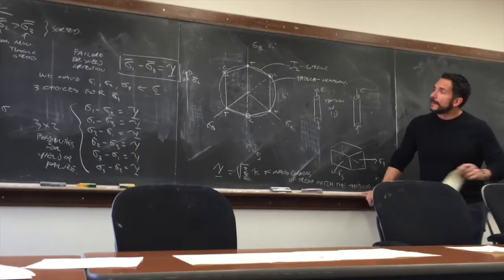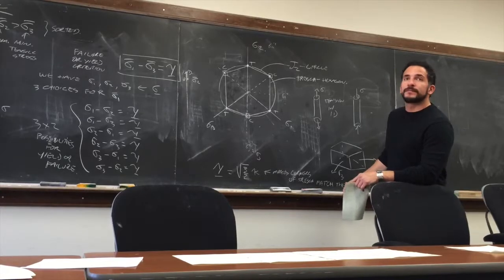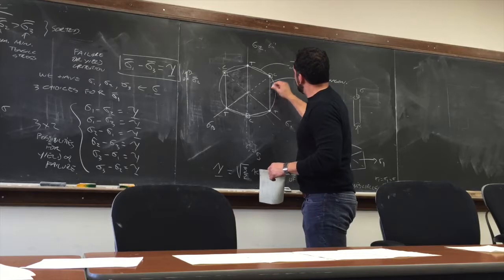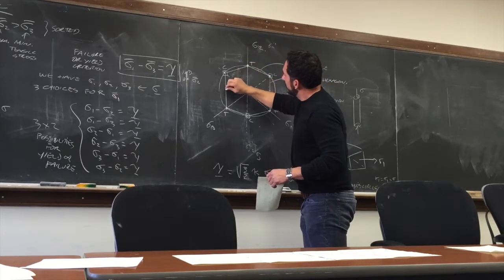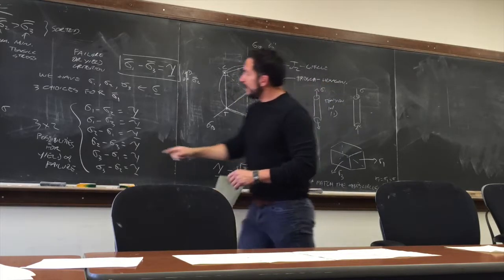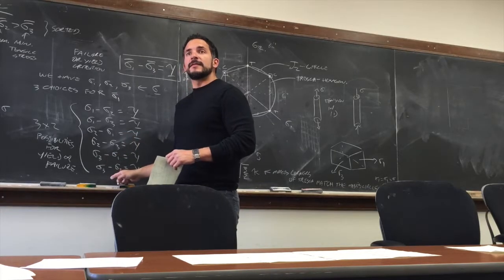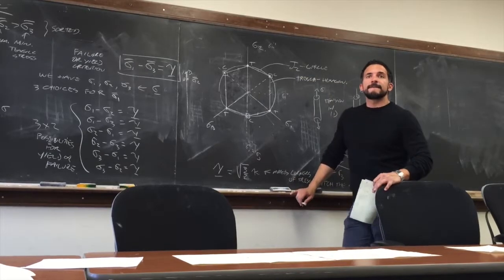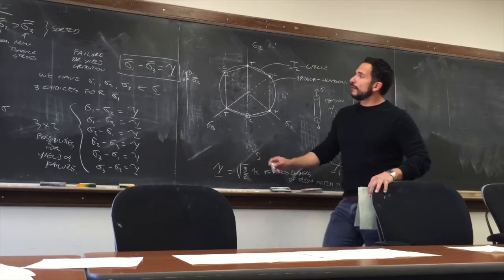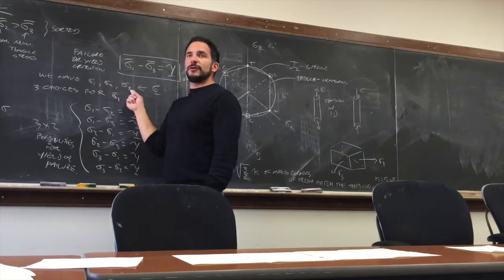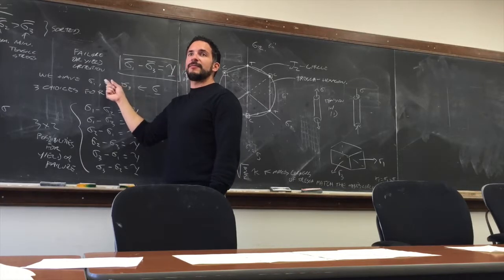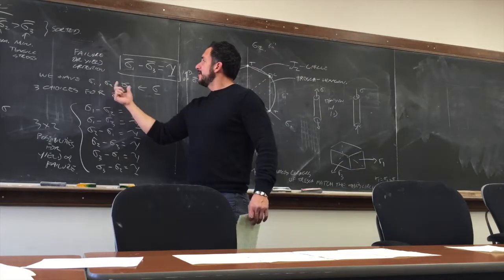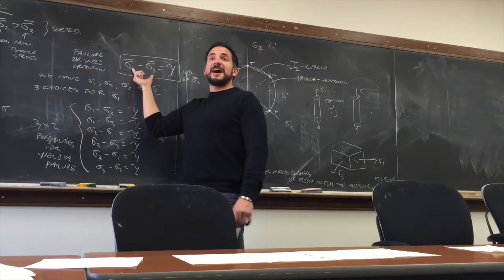When you said there are 6 possibilities for yield or failure, what did you mean by that exactly? That each one of these is one of these equations. Okay, but I thought only sigma 1 bar and sigma 3 bar mattered. That's right, but you don't know which one of these 3 is going to be that. At one particular moment in time, sigma 1 and sigma 3 might be the ones that matter.